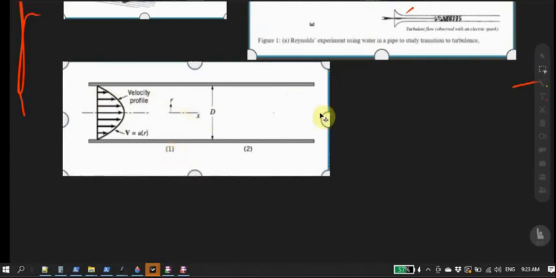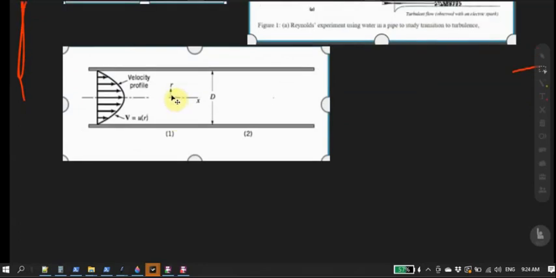So along the axis of the pipe, location of this X is at the center line of the pipe. Axis there represented by R, right? R is the radial locations, and the origin of this radial location is at the center line.